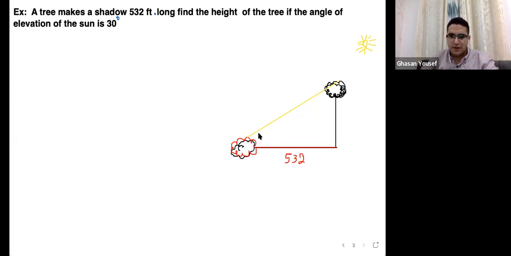This means this angle here is 30 degrees. The question is, find the height of the tree. This is my tree, this is the shadow, and this is my sun, making an angle of 30 degrees.